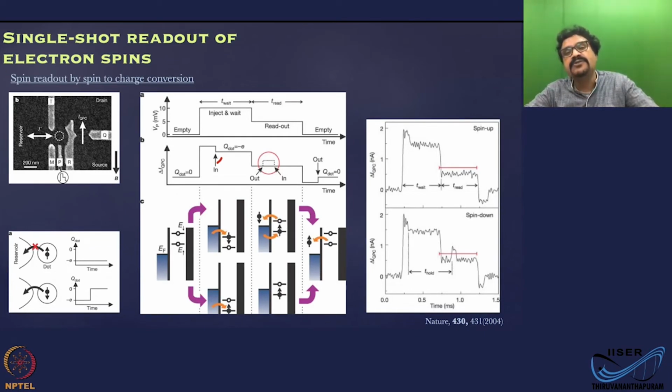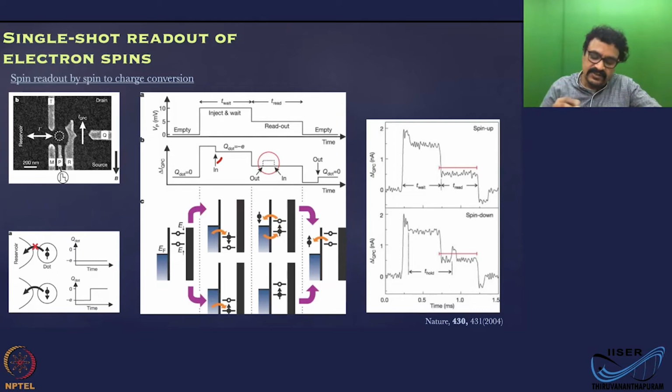The magnetic field due to spin is really small, so you cannot detect the field due to that. So you need some other technology where you can project the spin information onto some other degree of freedom. What you do generally is you always read the charge state, not the spin state. But somehow these charge states and spin states are coupled.